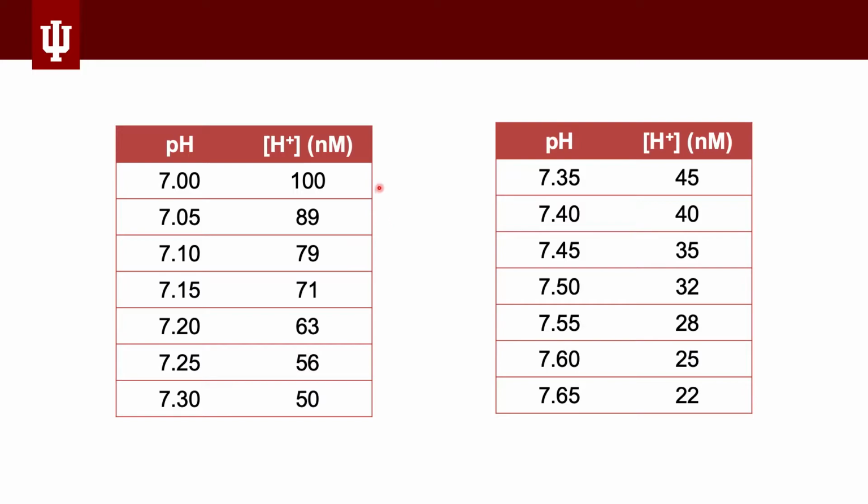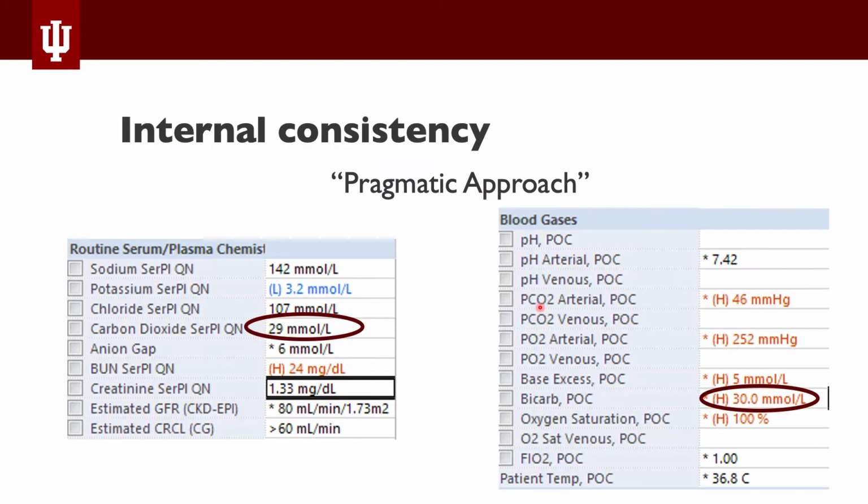You go to one of these tables and you correlate your hydrogen ion concentration with what the pH is. These are really low concentrations, on the order of nanomolar, so they're very, very low. And of course, as the hydrogen concentration goes lower, the pH goes up. Now, a pragmatic approach would be just to look, if you happen to draw a blood gas at the same time as a BMP, you can really just compare the bicarbonate.